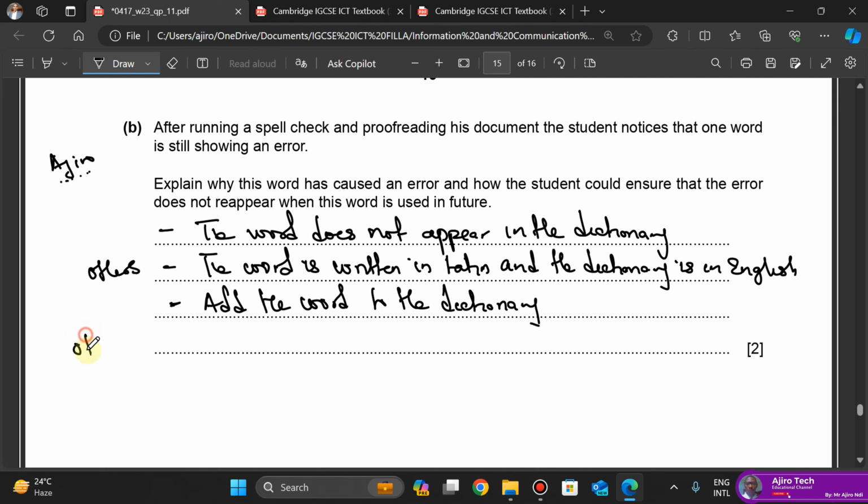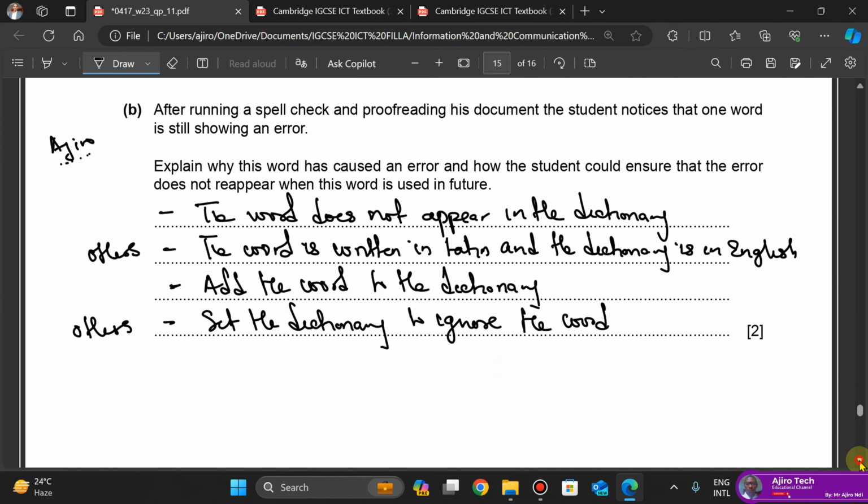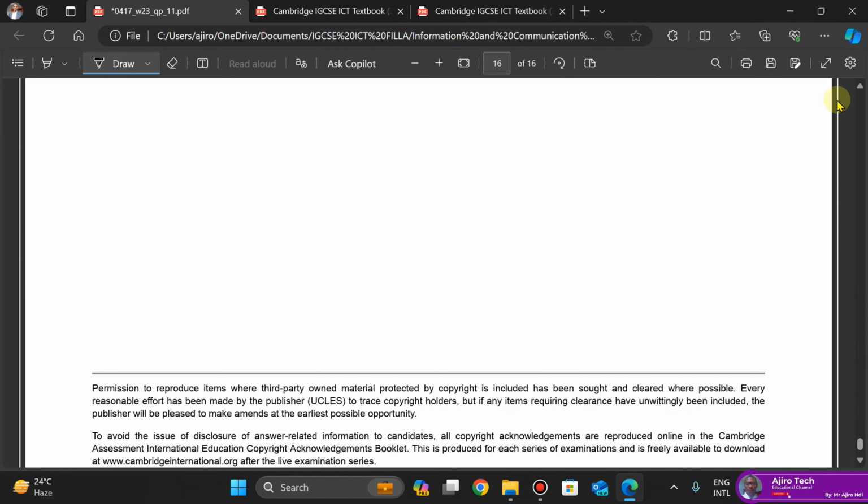Okay, for others, it could be ignore. You could set the dictionary to ignore the word. Okay, you could set the dictionary to what? To ignore the word. So this brings us to the end of this paper.